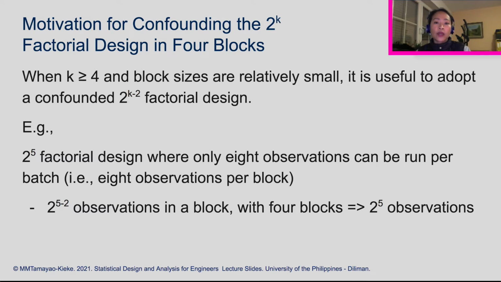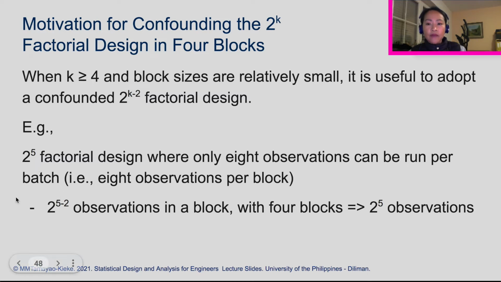So it would be useful in this case to adopt a 2 to the k factorial design confounded in 4 blocks. And in general, that would be termed as 2 to the k minus 2.